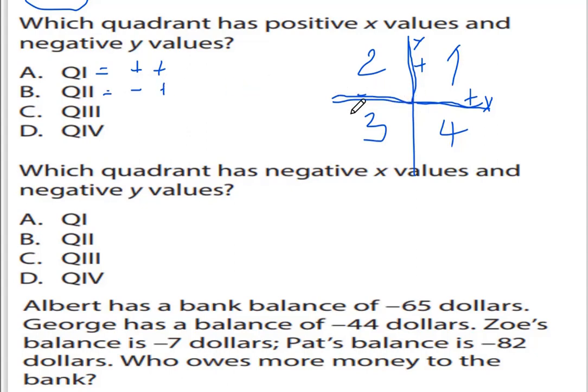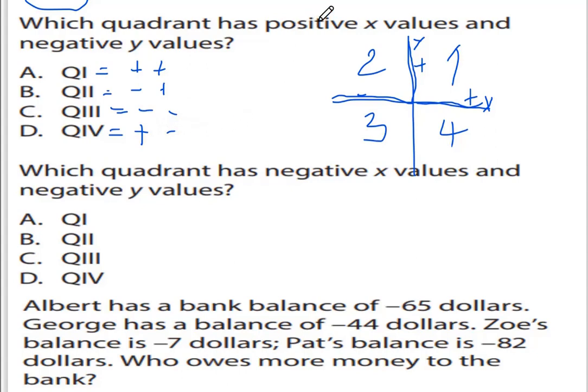For quadrant 3, this part of the Cartesian plane, x is negative, and for y it goes downward, so it has both negative signs. For quadrant 4, on the x-axis this part is positive, and on the y-axis this part is negative. So Q4 is positive for x and negative for y.